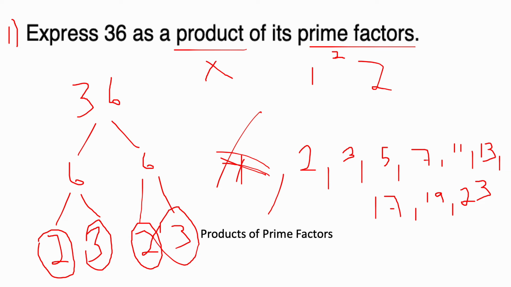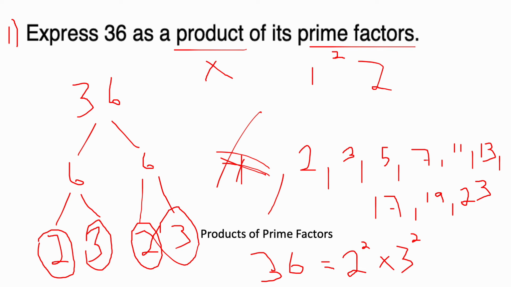So 36 is now written as 2 times 2 times 3 times 3. Or I can write it as 2 to the power of 2, because 2 times 2 can be written in index form, times 3 times 3, and 3 times 3 can be written as 3 squared, or 3 to the power of 2.